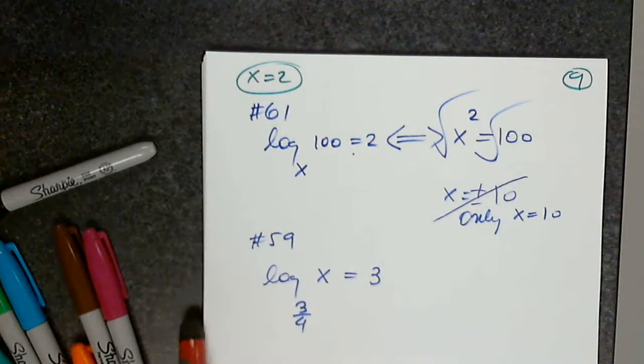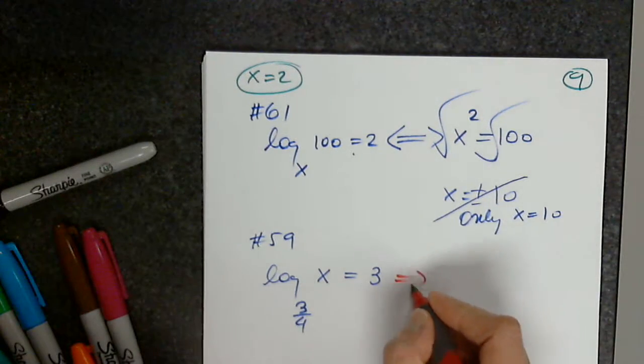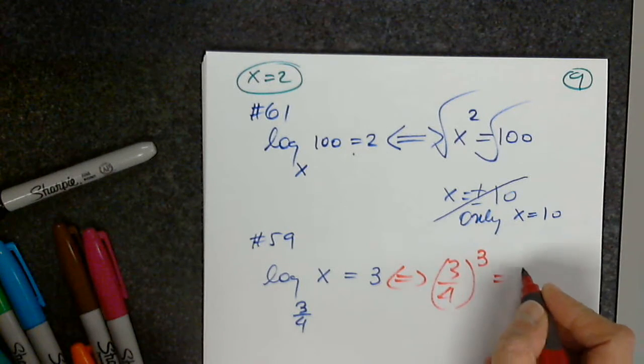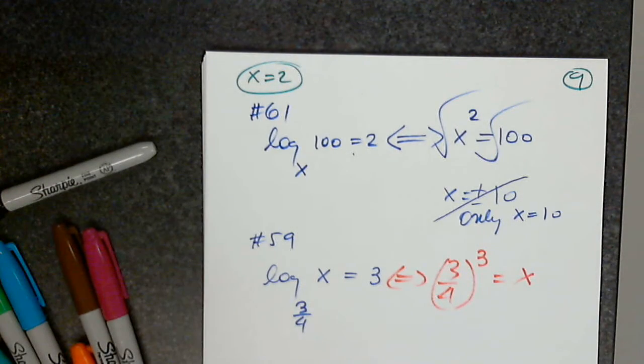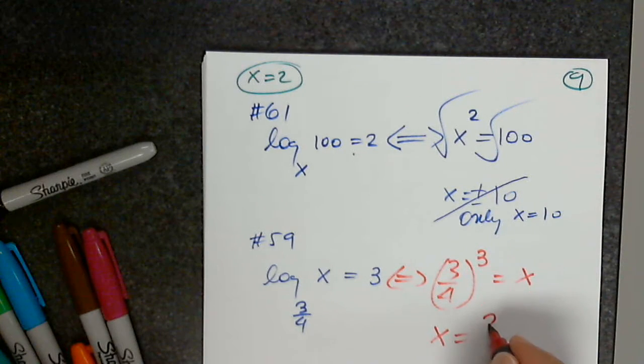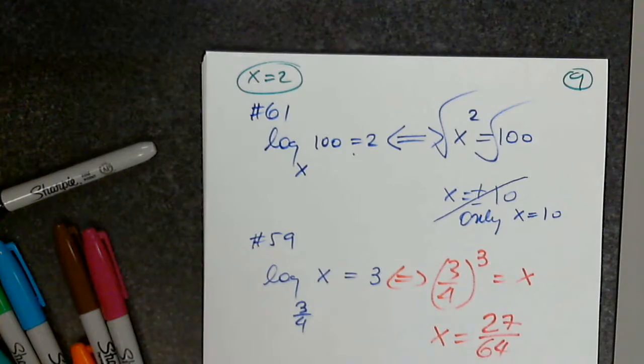So what do we have? So 3/4 raised to the third equals x. I have to raise 3 to the third and 4 to the third. So then I get x equals? 27 over 64. Very good, excellent.